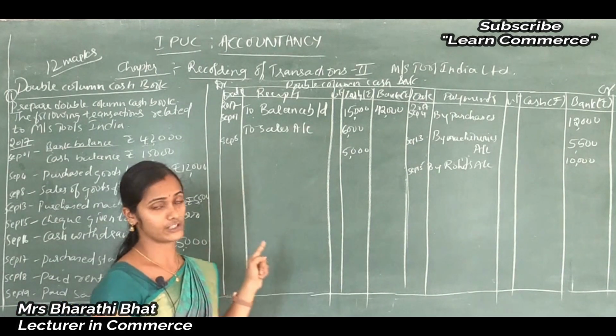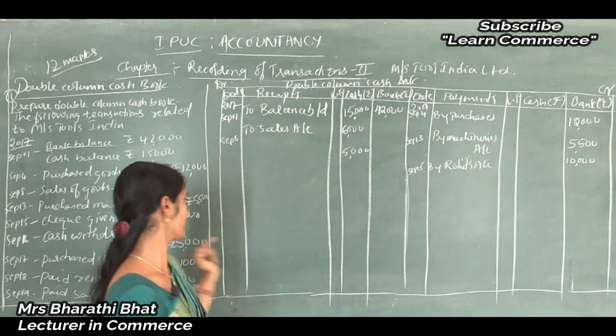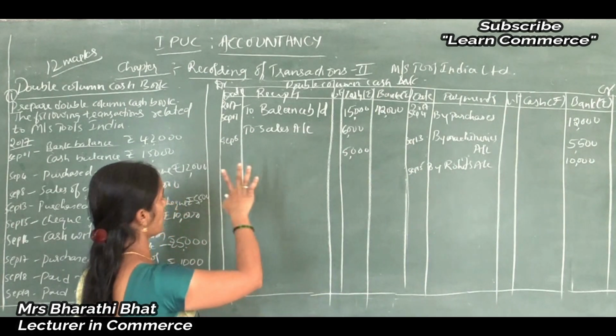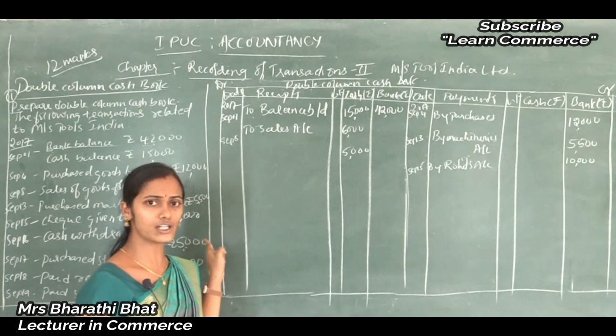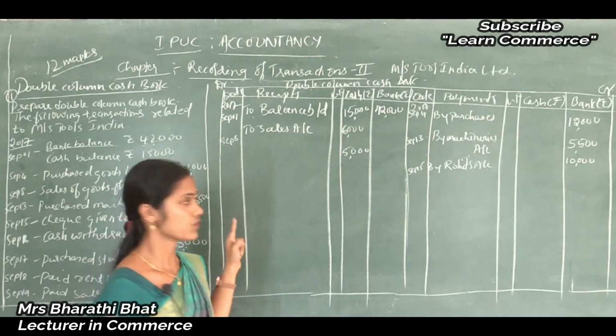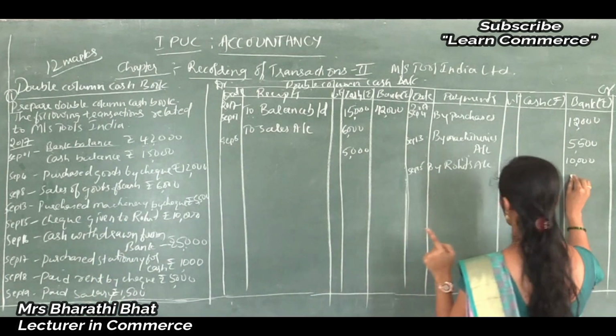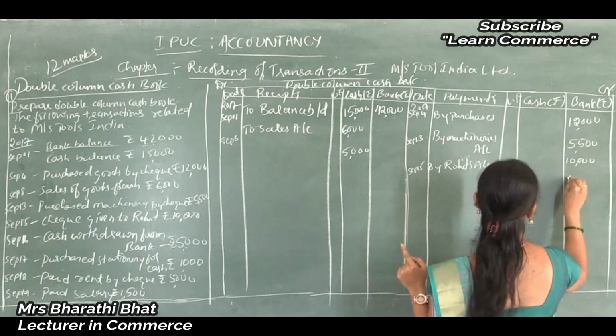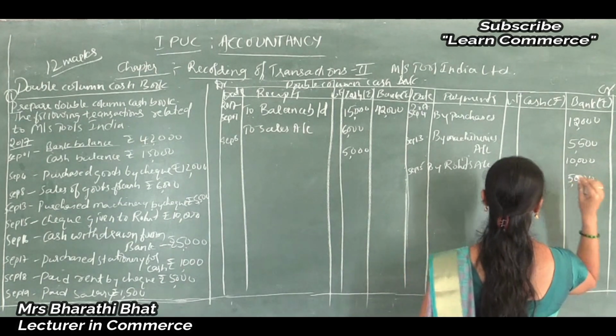And one more entry we need to pass for the same transaction. Cash received is recorded, and the bank is also giving that 5,000, right? So write it on the credit side, 5,000 under the bank column.